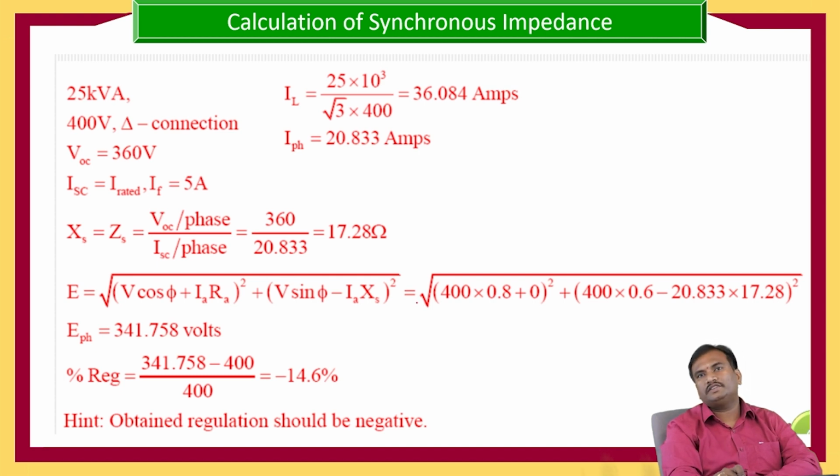If we substitute these values, it is 400 into 0.8 plus 0 whole square plus 400 into 0.6 minus 20.833 into 17.28 whole square, which gives E phase equal to 341.758 volts, where percentage regulation is equal to 341.758 minus 400 divided by 400.